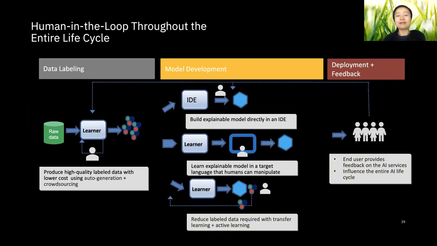It's both about how we enable people to build an explainable model directly through an IDE, or learn a model in a language that a human can manipulate and then co-create the model, or leverage transfer learning and active learning to reduce the labeled data. Another part is how we learn from feedback and utilize the feedback to influence the entire AI life cycle. With that, I think that's the end of my part.